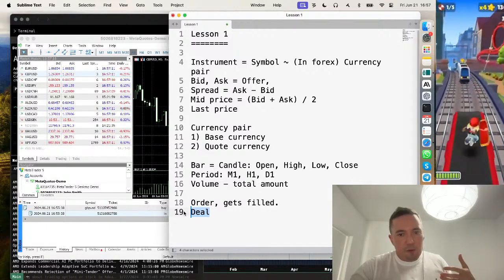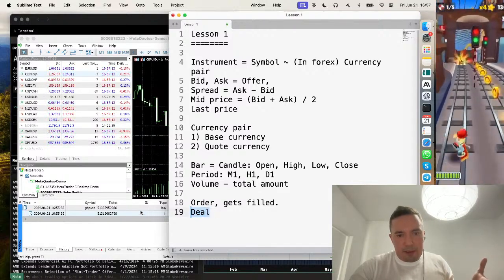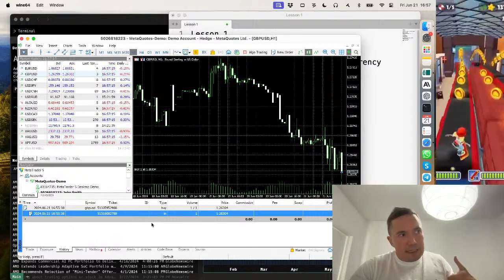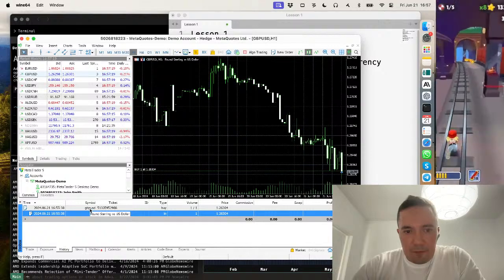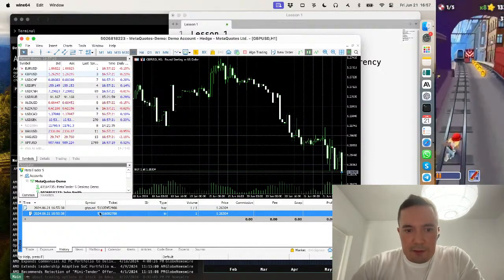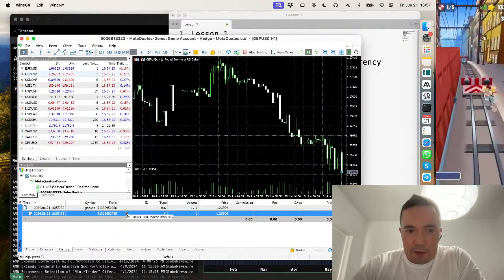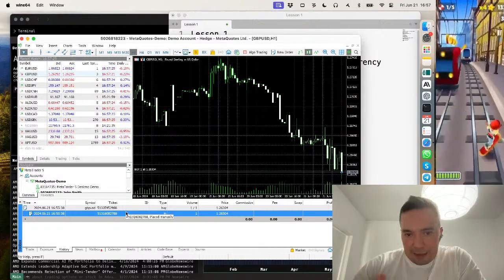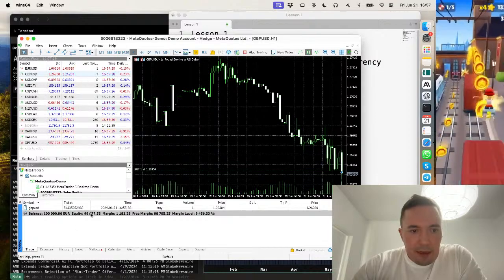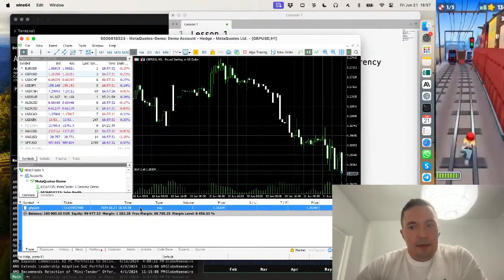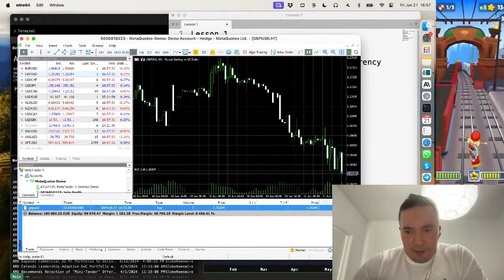When a deal happens, you receive what you wanted. You wanted the pound sterling, you get it. So if the order is filled, you get successful execution in this case. And this thing is called a position.